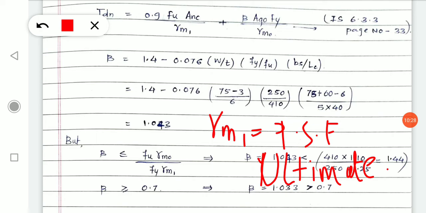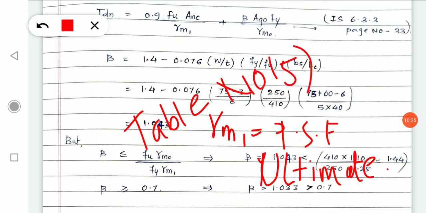And where will you find it? You can find it in table number 5 of your IS code.